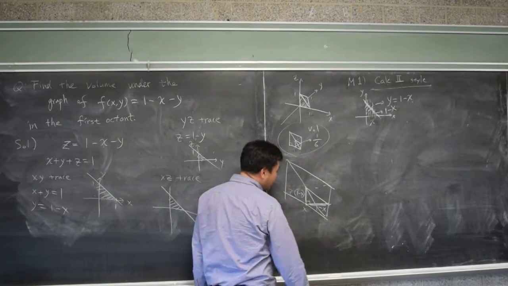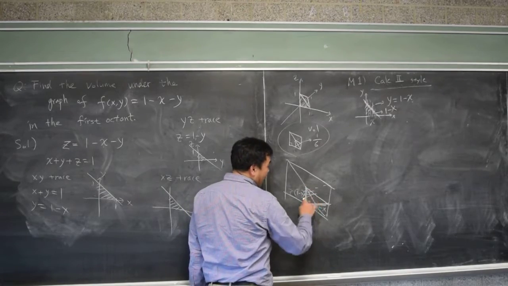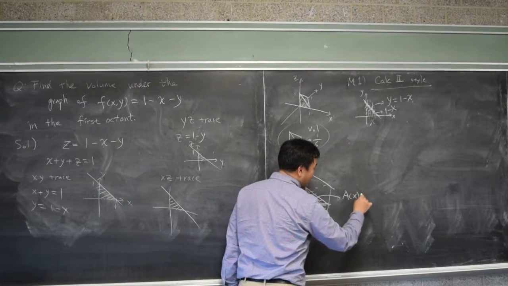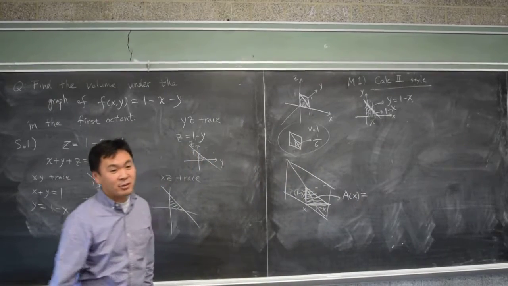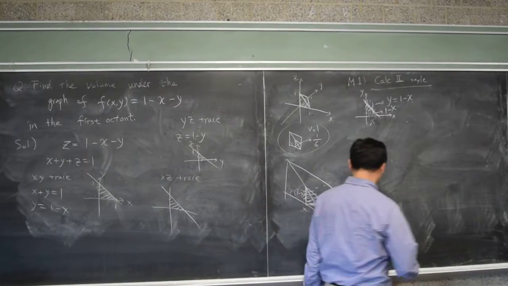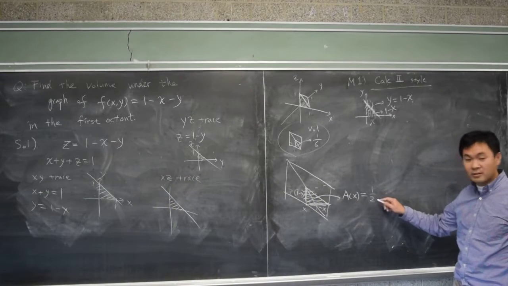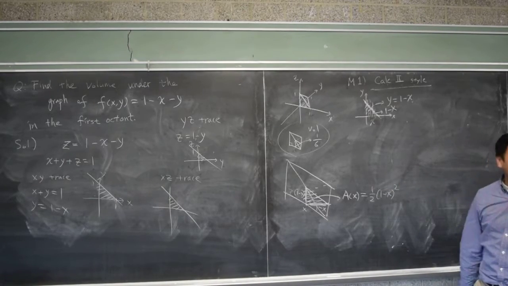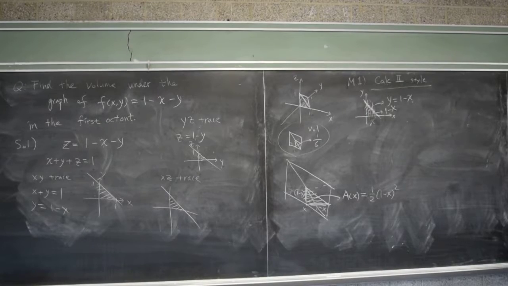And then, think about the area of this thing. Usually you call this the area of the cross section. What's the area then? How do you get the area of a right triangle? 1/2 base times height. 1 minus x times 1 minus x, so it's 1/2 (1 minus x) squared. Okay? And then what do you do to get the volume?